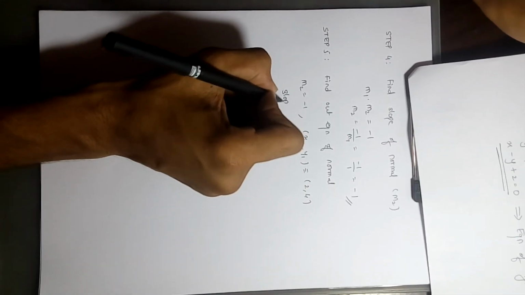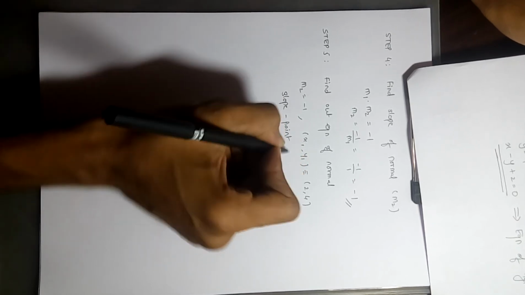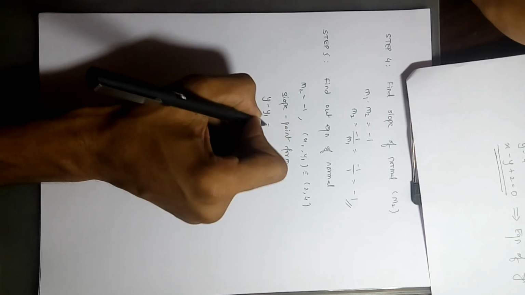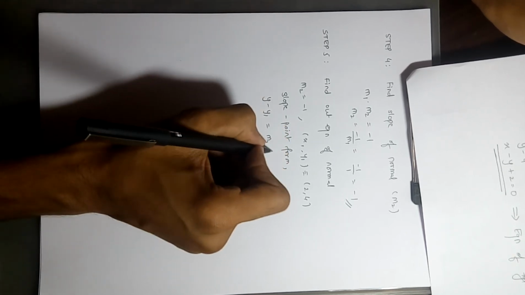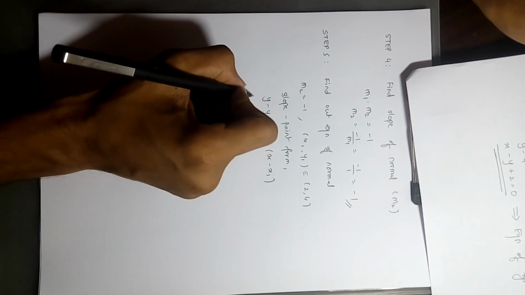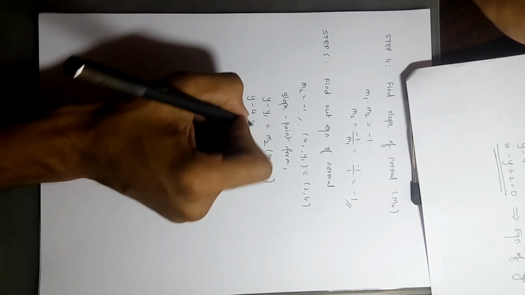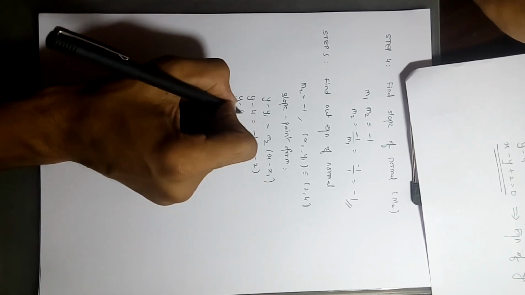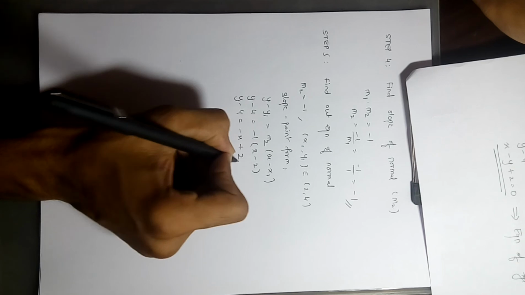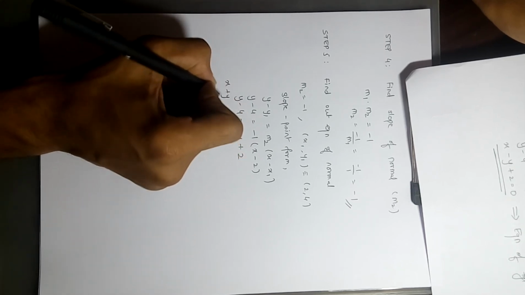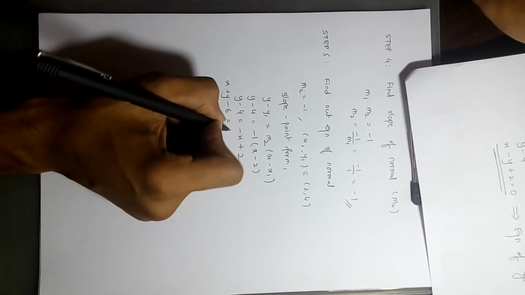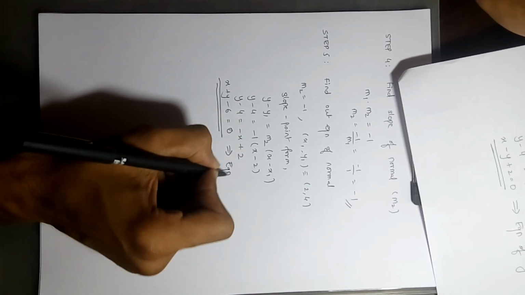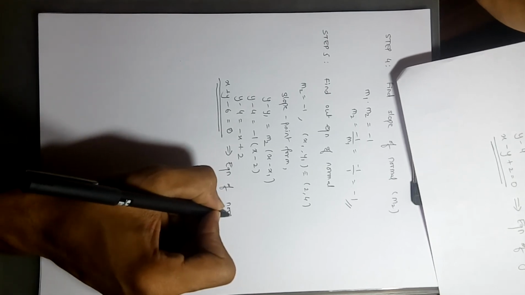I use slope point form, which gives me y minus y1 equals slope m2 this time, times x minus x1. So y minus 4 equals -1 into x minus 2, right? The solving is really simple, it's not that difficult for you guys. x plus y, 2 goes over here, minus 6 equals 0, and this is what I get. This becomes my equation of normal.